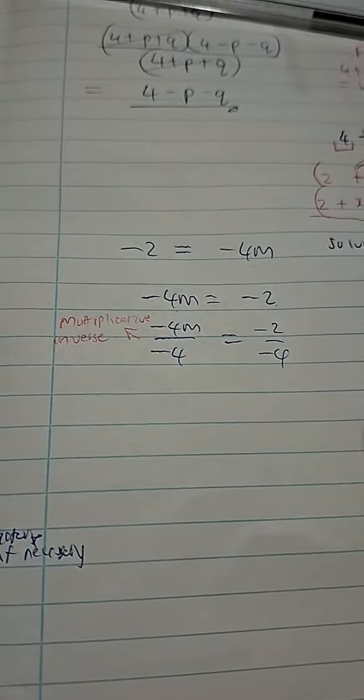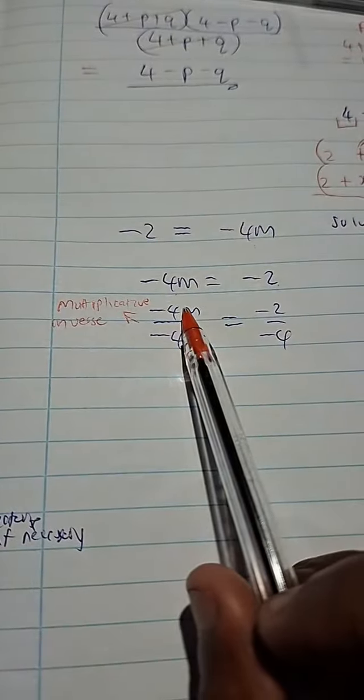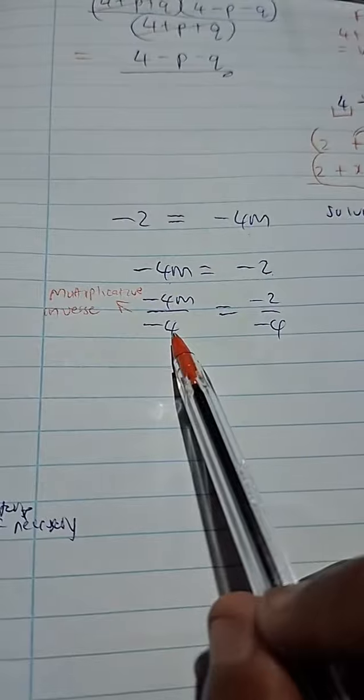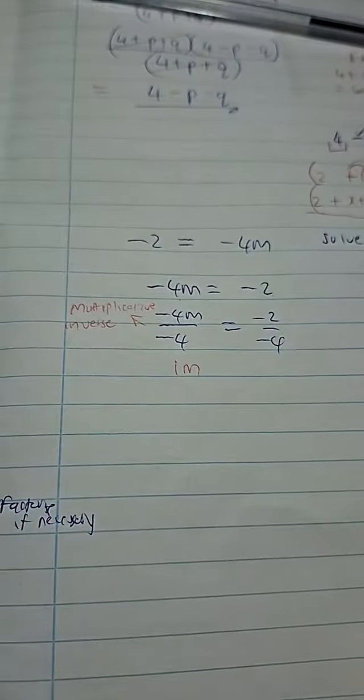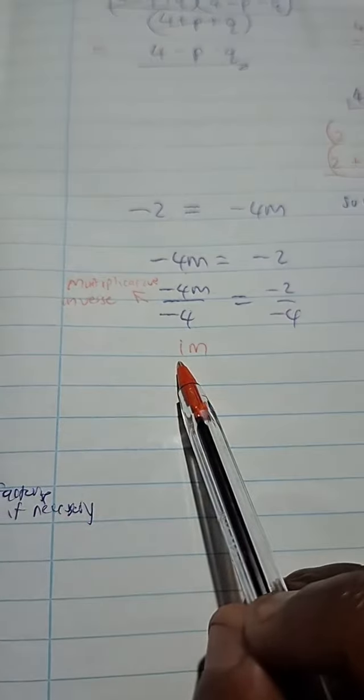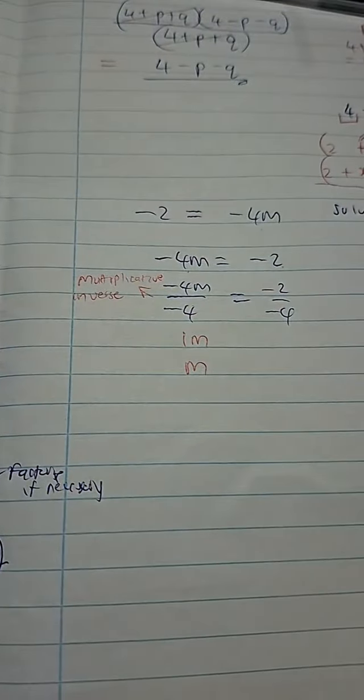What is the goal of applying the multiplicative inverse? It's to get 1 that is positive so that you have 1m. Remember that 1 is invisible, that's why it's written as m at the end of the day.